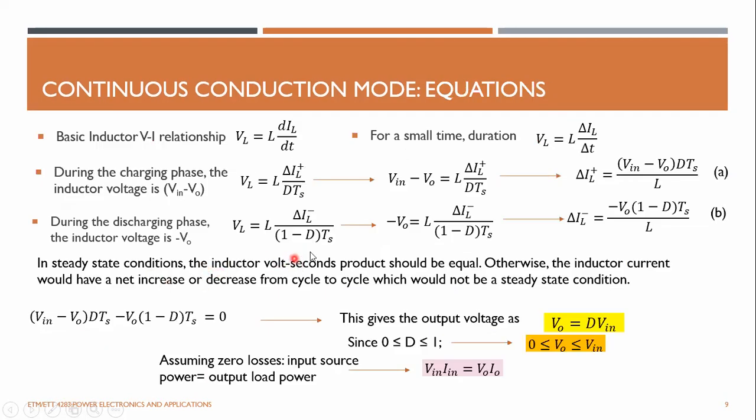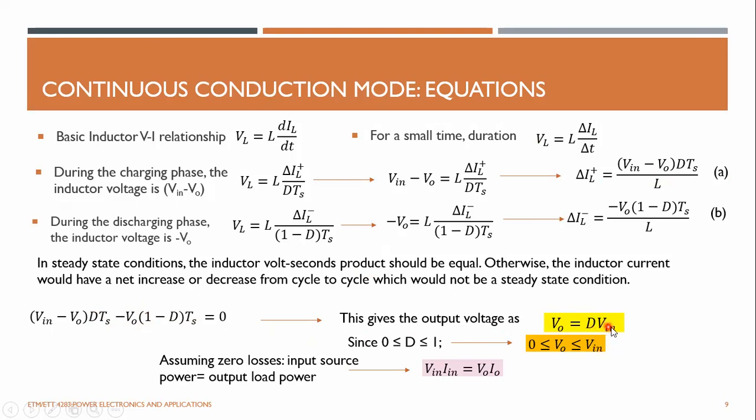So always remember, you are just maintaining the charge balance. If the volt-second ratios are the same, in the first cycle the inductor voltage is this one and the time is this, and in the next cycle the inductor voltage is minus Vout and the time duration is (1 minus D) Ts. That will give you the output voltage as Vout equals D times Vin.